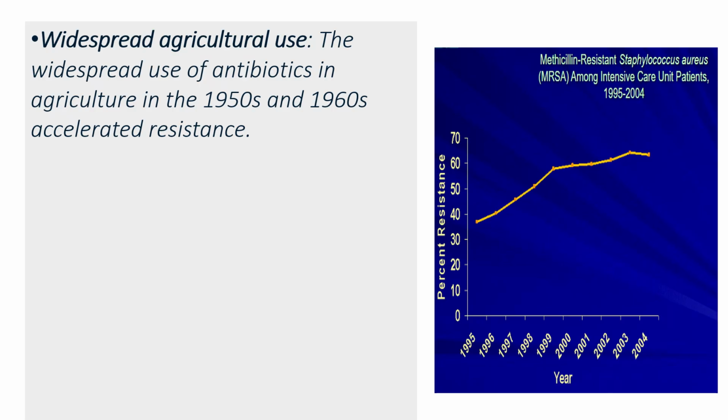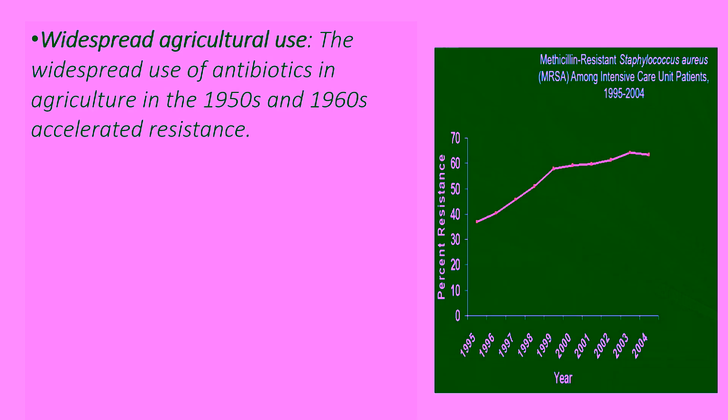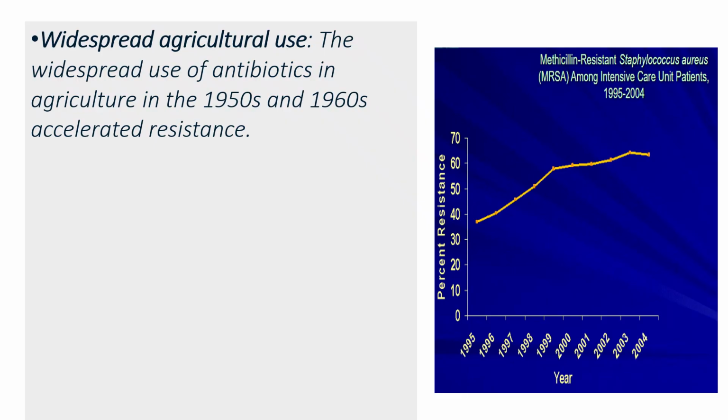The problem wasn't limited to penicillin. By 1953, resistance to tetracycline, another important antibiotic, was also being documented. The writing was on the wall. Bacteria were adapting, and the golden age of antibiotics was already facing a serious challenge.